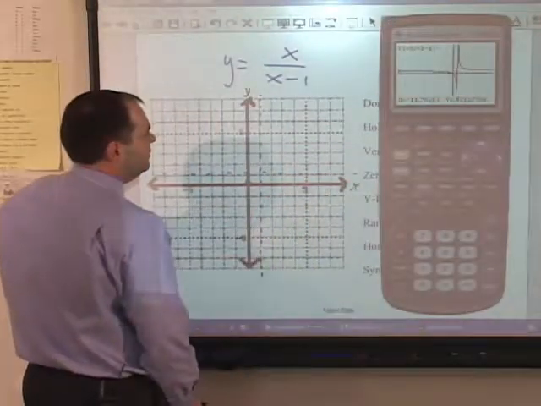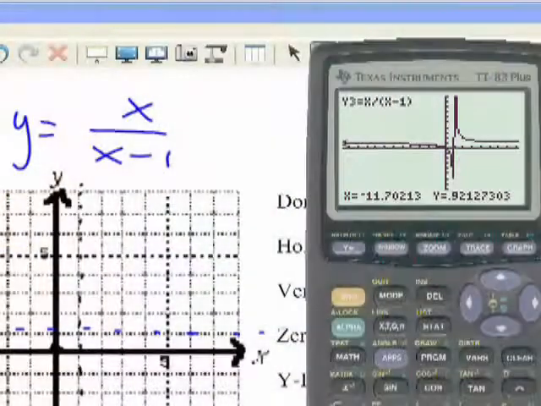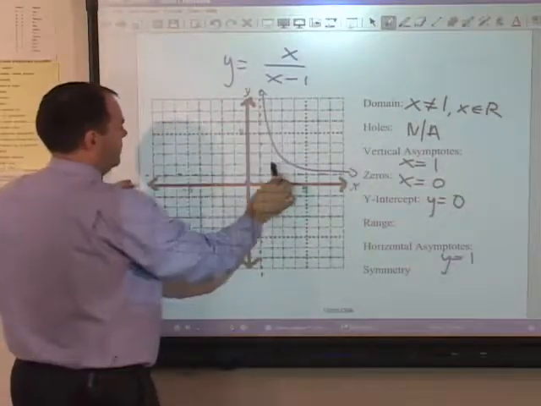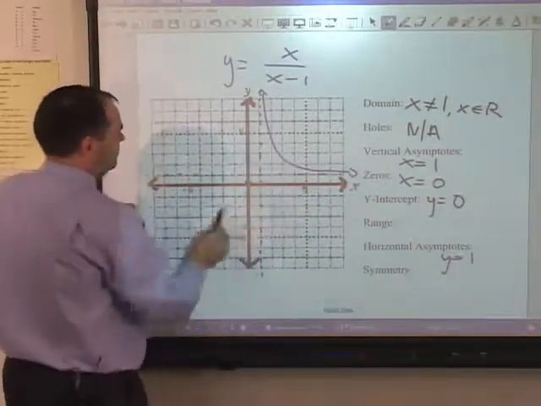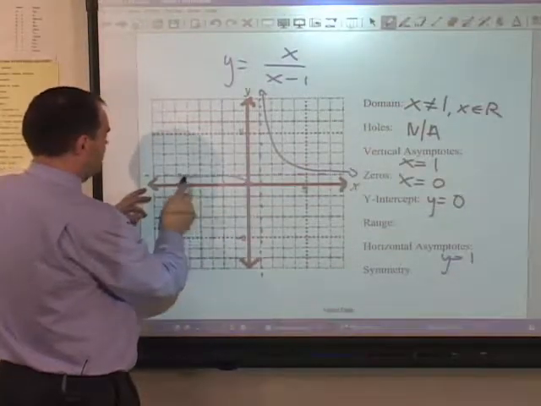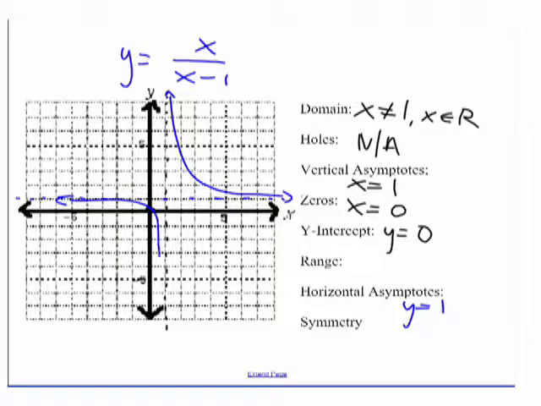And to finish off, follow the sketch from the calculator and put it all together. Our graph's going to come down something like this. If you wanted to take some time and get a point for better accuracy, that would be great. Down here, let's make sure we hit our 0 and then our asymptotes as we saw on the calculator. Okay. The range, all values of y except 1.